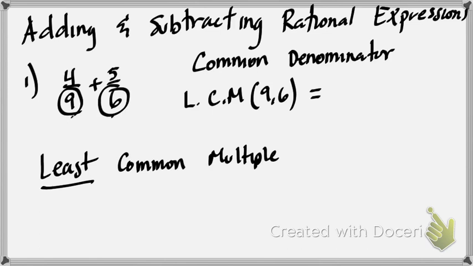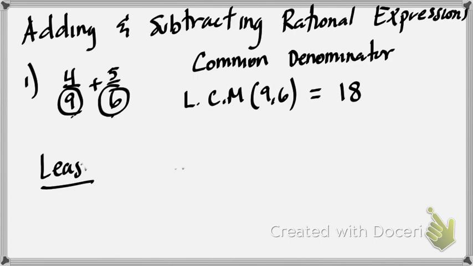Now, this is something that we've done a long time ago in math. But if you look at the number 18, 18 can be divided by 9, and that goes in evenly, and 18 can be divided by 6, and that also goes in evenly. So that would be my least common multiple.